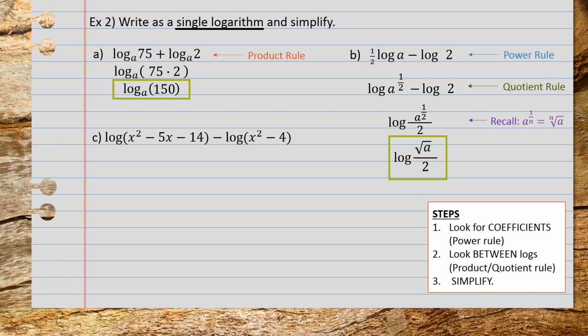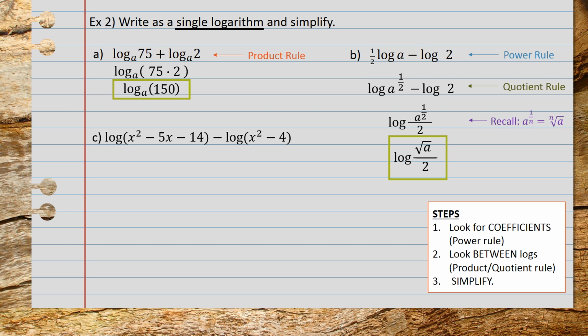For C, I have log of the value x squared minus 5x minus 14 minus log of x squared minus 4. So first, do you have any coefficients? No. So next we look between the logs. Notice I have log of something minus log of something.